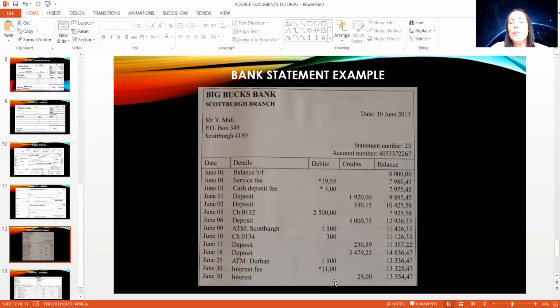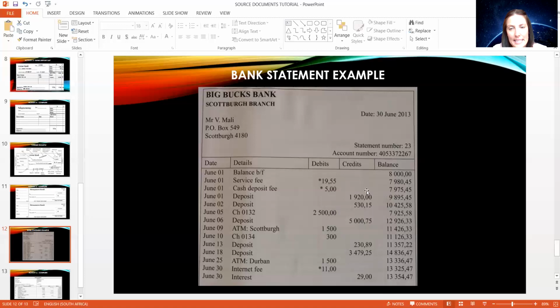Now, important for you to know, and when we start with our ledgers, you're going to say to me, ma'am, but you said something different when we did the bank statement, and I will get back to that. But if you are a client of the bank's holding your money, anything that makes your money more, so any deposits that you make of money into your business's bank account, those amounts will be recorded on the credit side, or in the credit column.